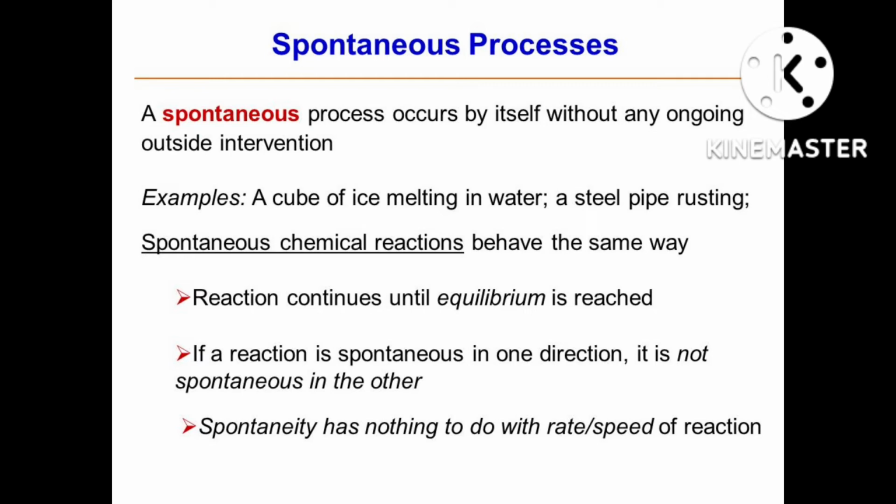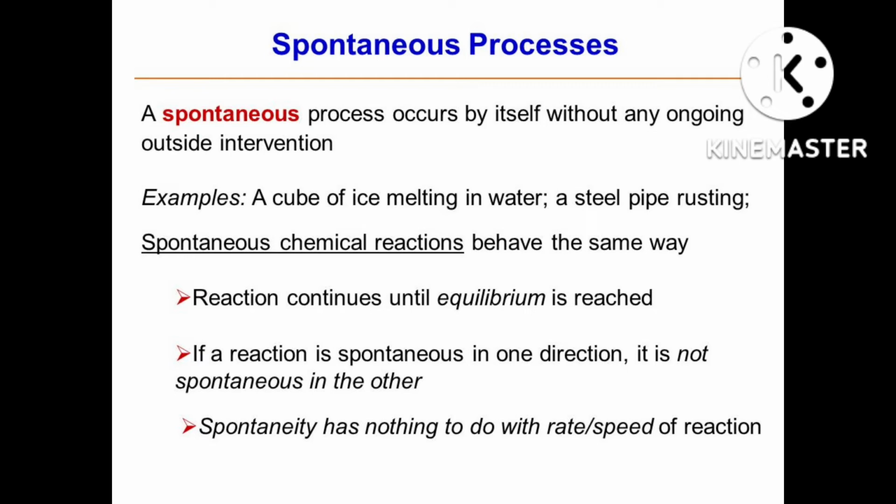In one part you have kept gas A, in the other part gas B. In one part only gas A is there, in the other part only gas B. Now we remove the partition.